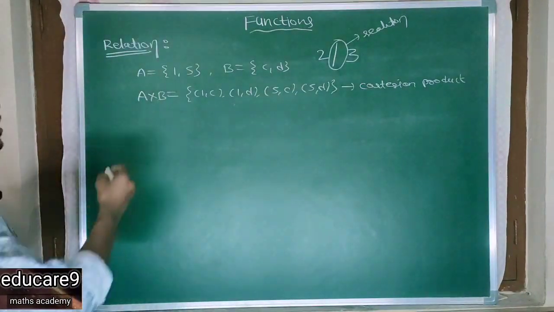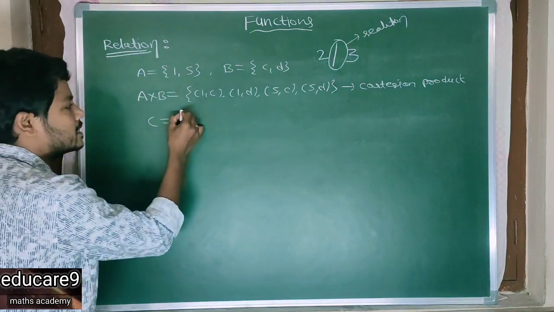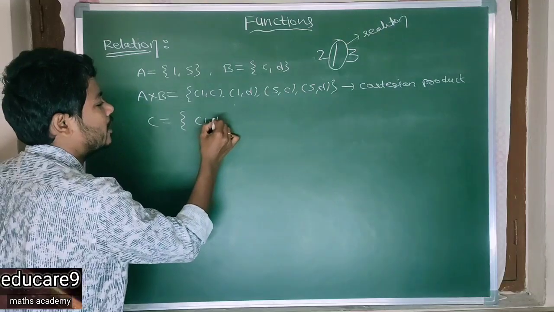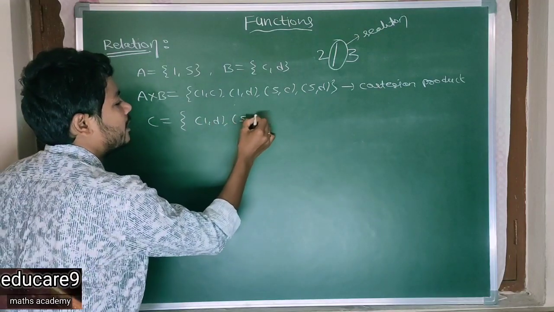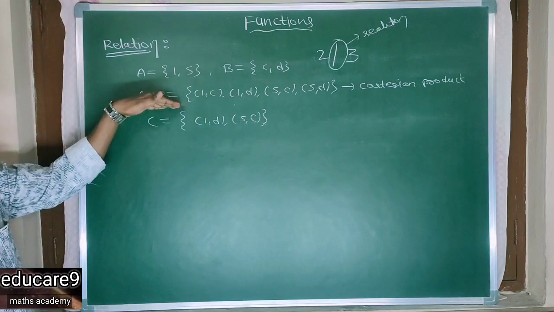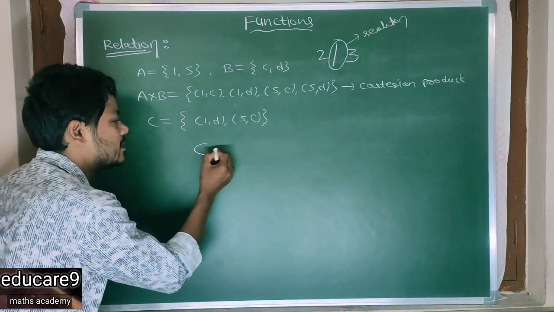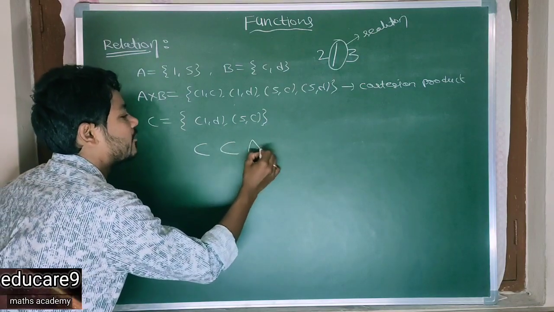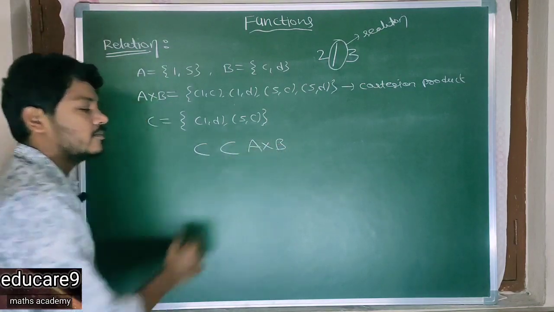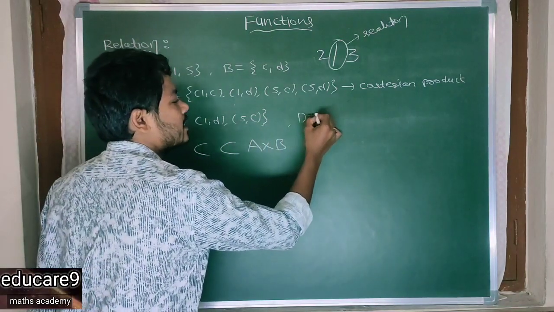For example, C is the set. It has the ordered pairs (1, D) and (5, C). Every ordered pair in C is an ordered pair of A cross B. Then clearly C is a proper subset of A cross B. And one more example, D is the set.